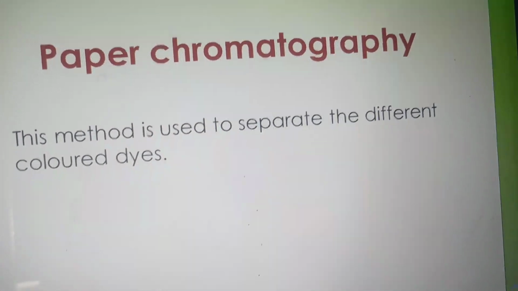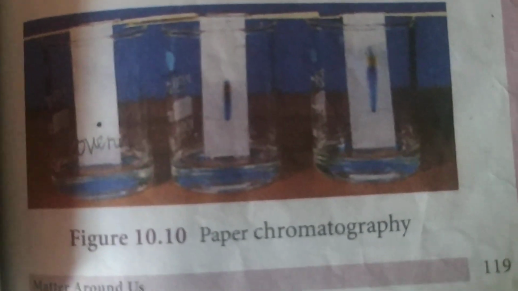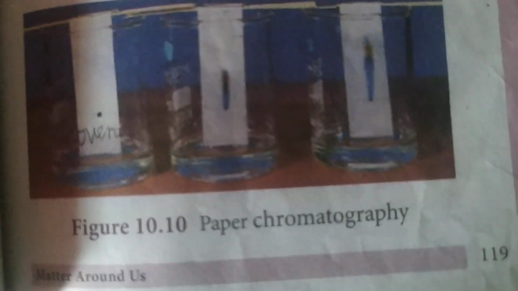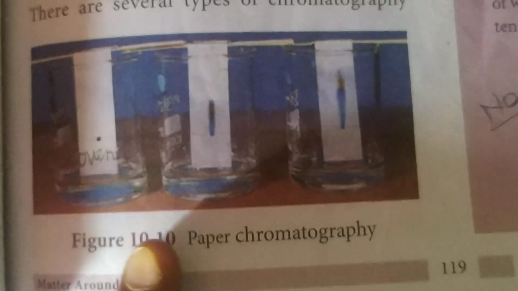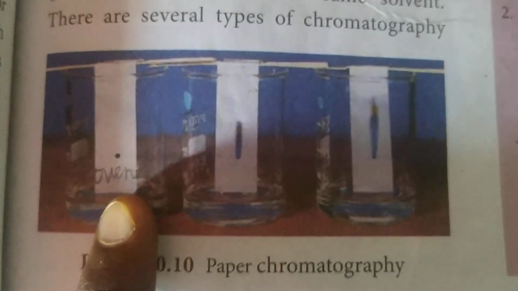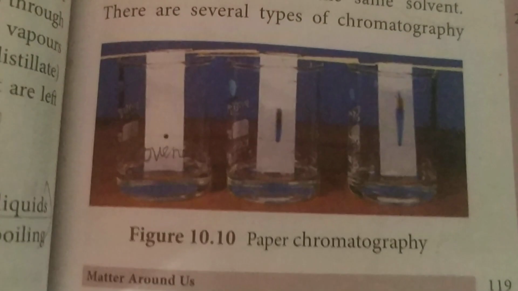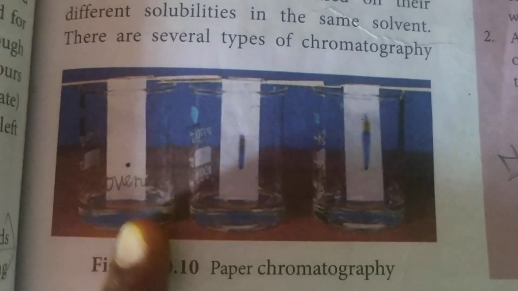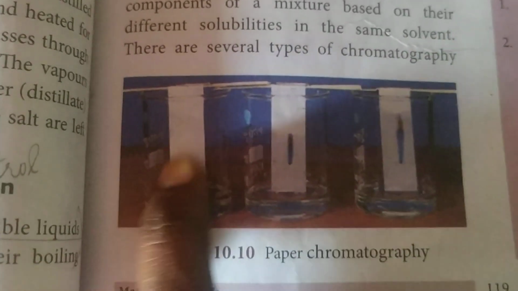I will show one image, children. This is the image of paper chromatography. This is a glass, and this is absorption paper, the chromatographic paper. We take the solution on this chromatographic paper.